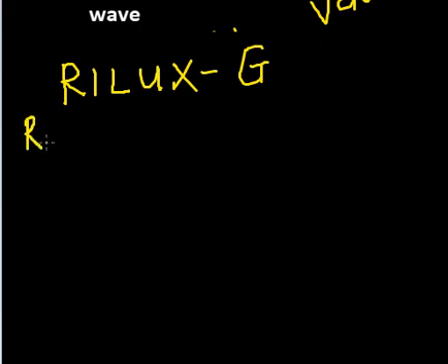R represents radio. These are the different electromagnetic waves. R represents radio wave.